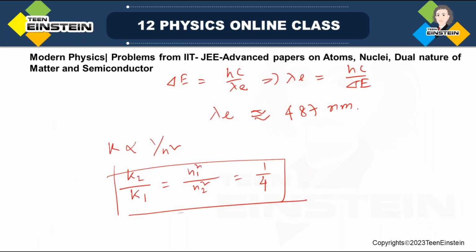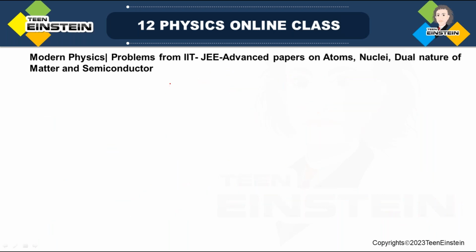Okay, let me go to the next page. So for linear momentum, we know kinetic energy is equal to p squared by 2m.